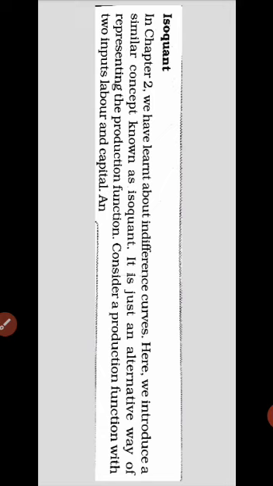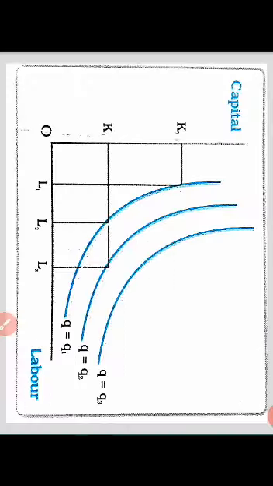Each isoquant represents a particular level of output and is labeled with that amount of output. So this is the graph of the isoquant curve.